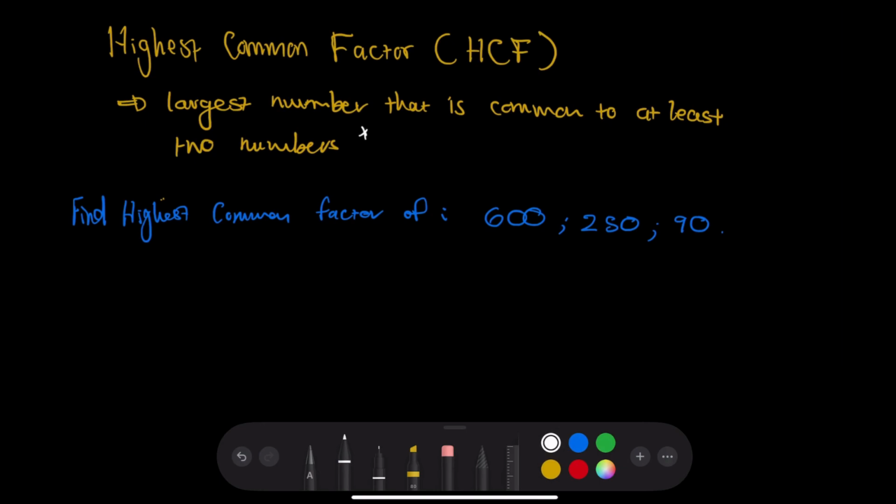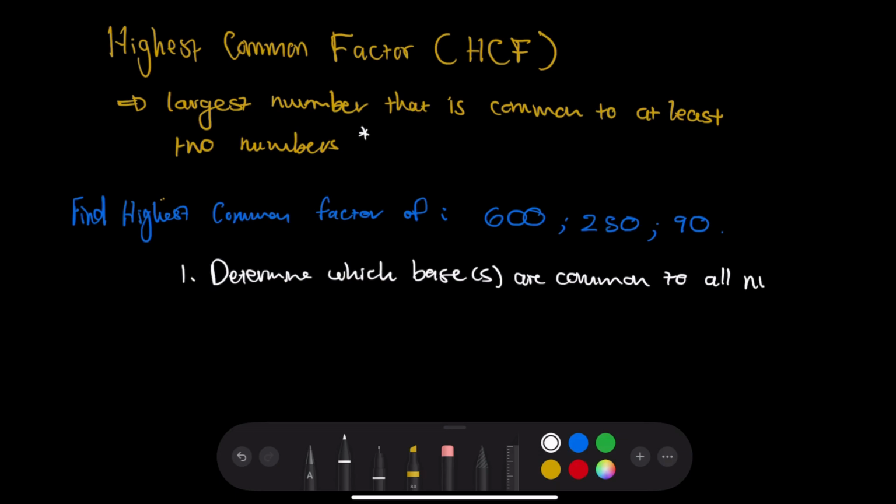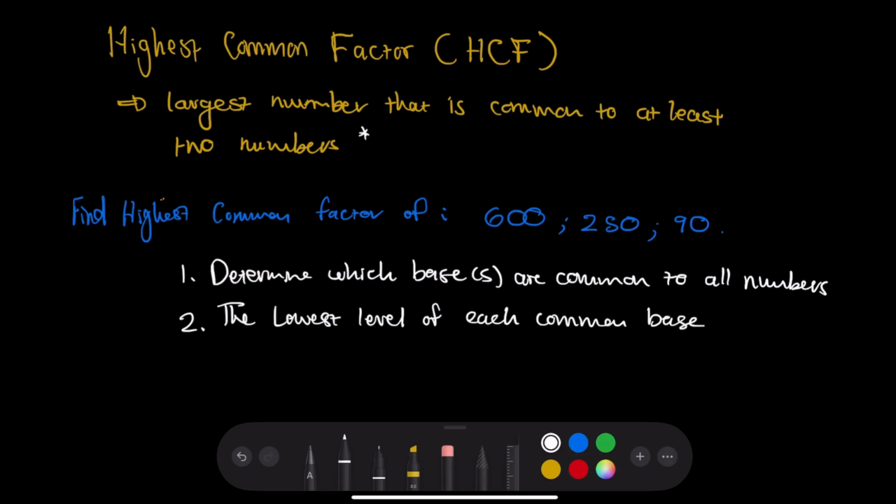very importantly, we need to determine what? First, we need to determine which bases are common to all numbers. And secondly, we need to determine the lowest level of each common base.